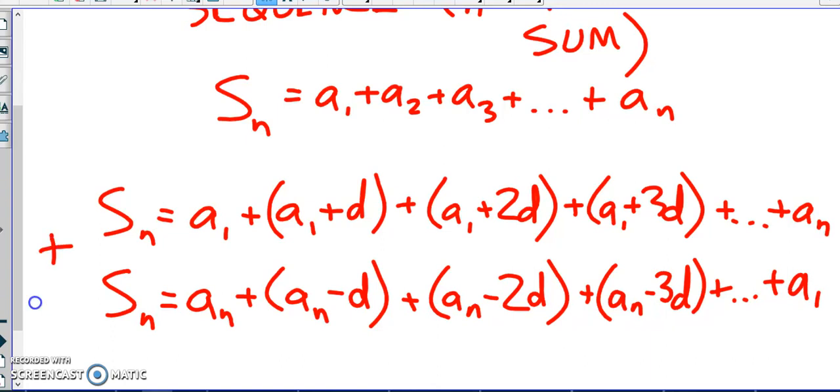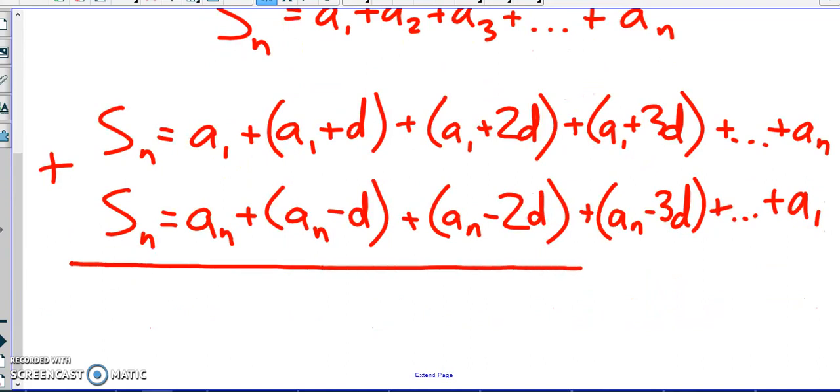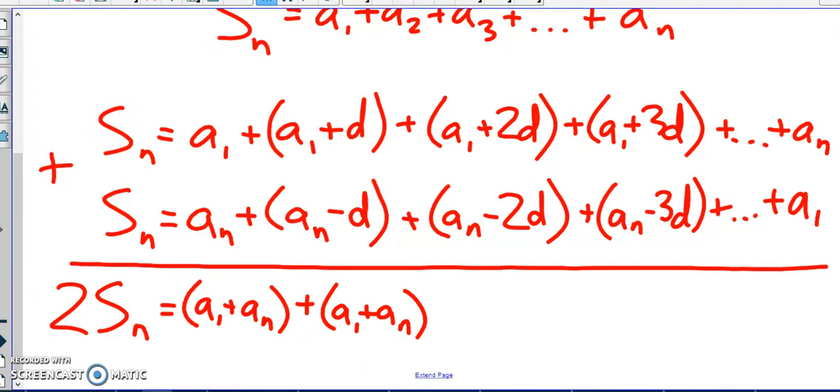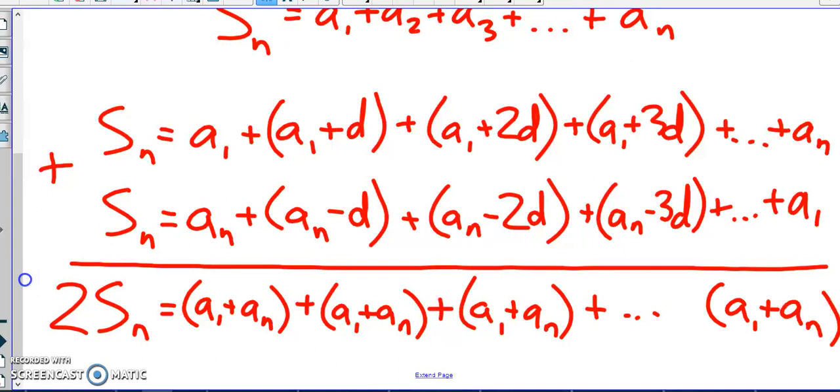Now what I'd like to do is take these and add them together. So I get 2 times the partial sum is equal to, now notice, this is going to be A1 plus An. These two terms, the D's cancel, and I get A1 plus An again. The D's cancel, and I get A1 plus An, all the way to the end. Now there are n terms, so I get n copies of that.